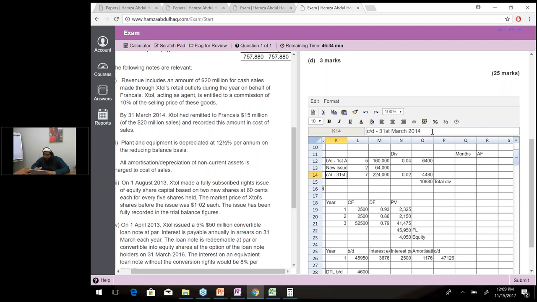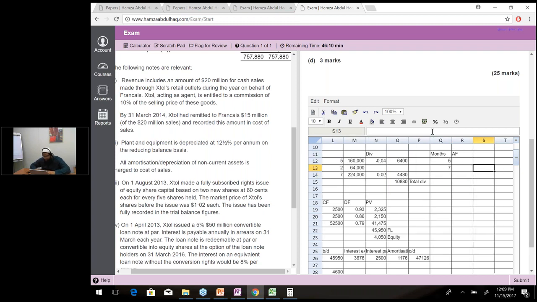So opening, rights issue, and closing. The number of months from April, May, June, July is 4 months before August, and the rights issue then remains after August: September, October, November, December, January, February, March, 7 months. So I'm going to apply 7 months on the rights issue value, but I'm writing it in more detail so that you are able to understand easily.